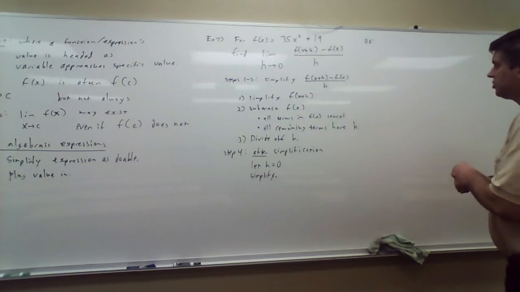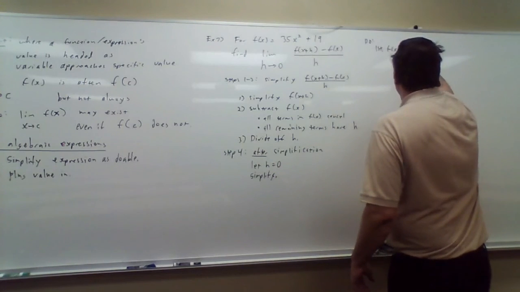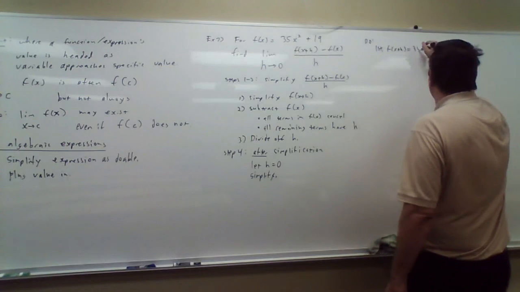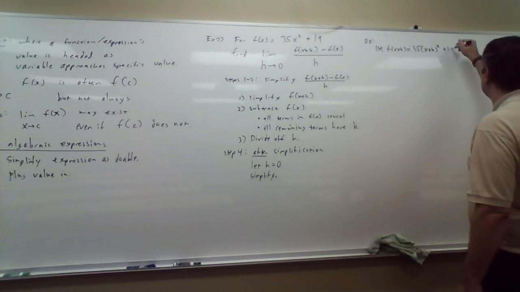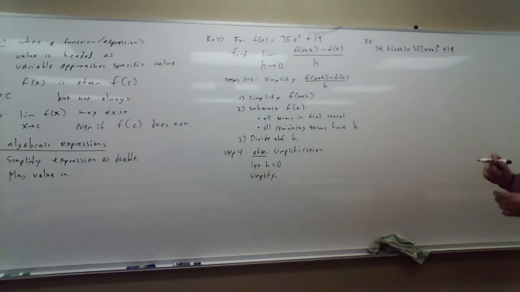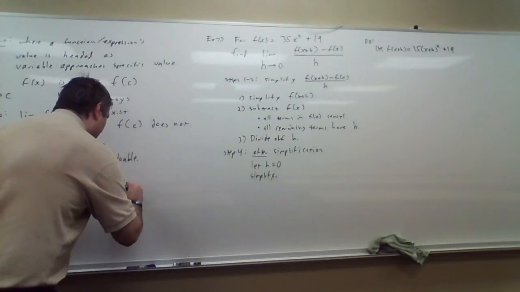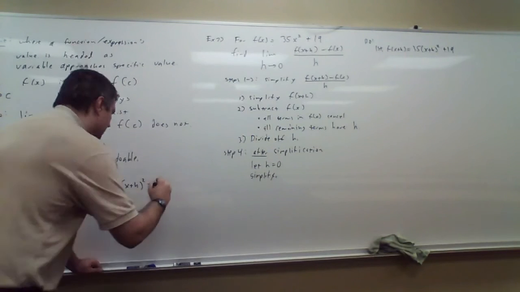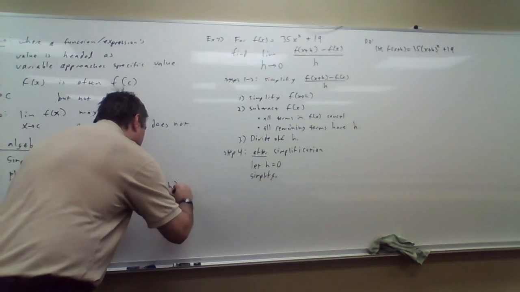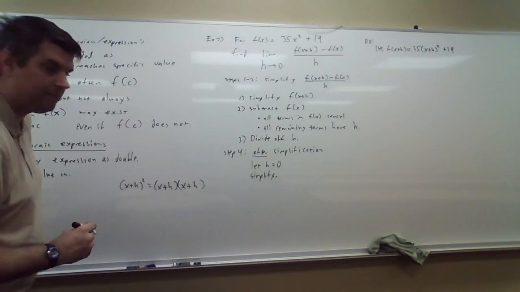Okay, so here it goes. First, f of x plus h equals 35 times x plus h squared plus 19. Okay, now this doesn't all have to be done in one step. So I propose to do some scratch work over here. X plus h squared is equivalent to x plus h times x plus h. Okay?